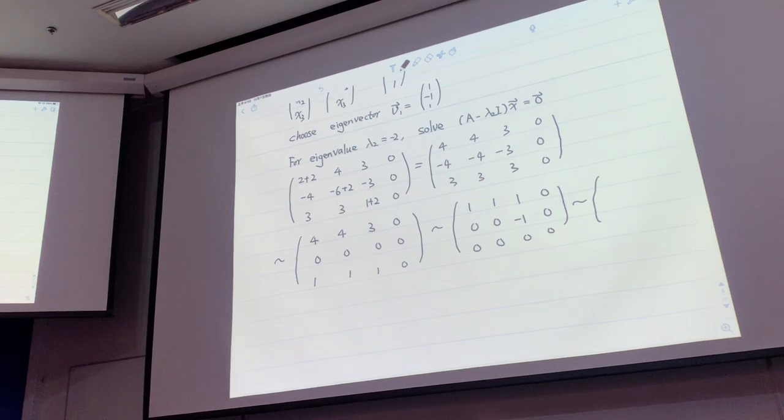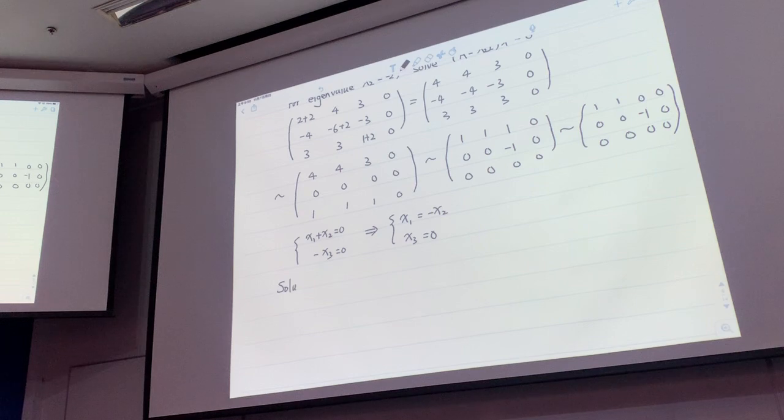I go a little bit fast and don't explain so much because this is the echelon form, reduced echelon form. We have repeated it so many times, right? So we eventually get this one. The equations tell us x1 plus x2 equal to 0, negative x3 equal to 0. This actually tells us x1 equal to negative x2 and x3 equal to 0.